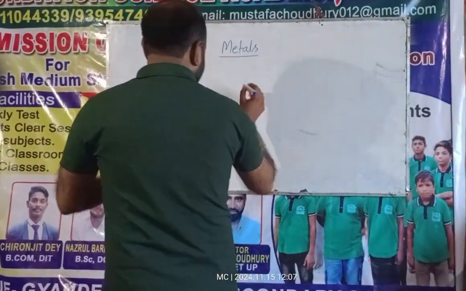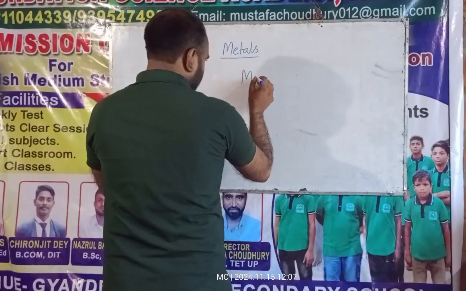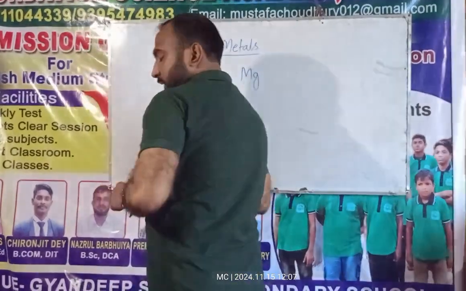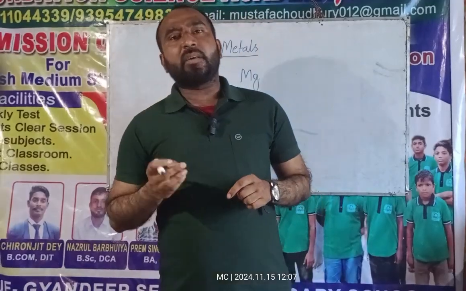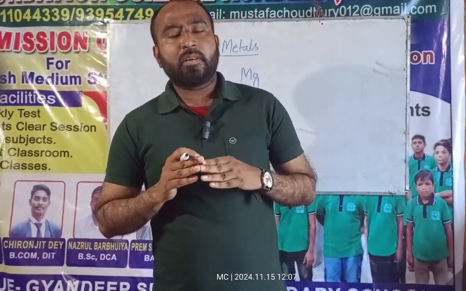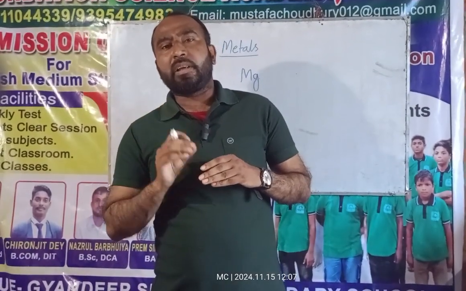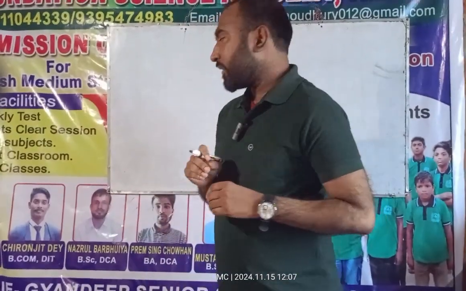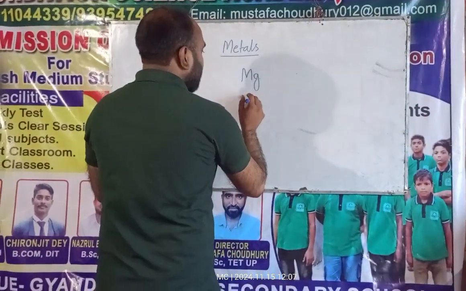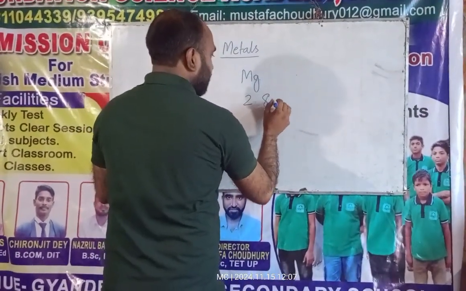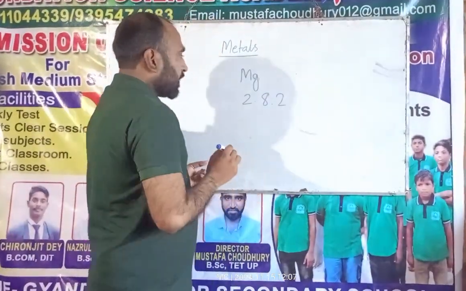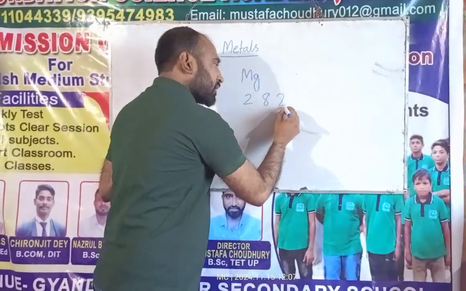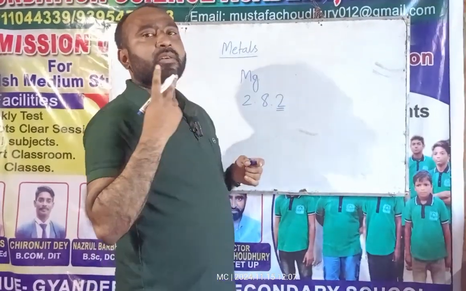Suppose magnesium, Mg. The atomic number of magnesium is 12. That means the electronic configuration of magnesium is 2, 8, 2. In the outermost shell of magnesium there are 2 electrons.